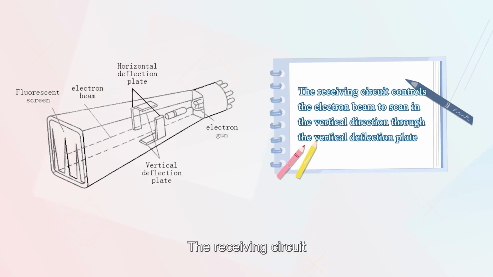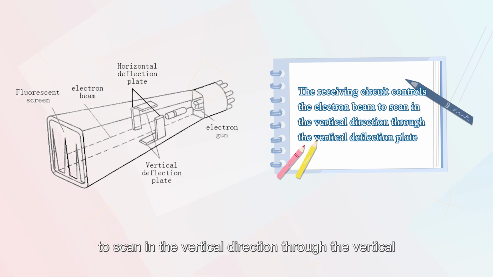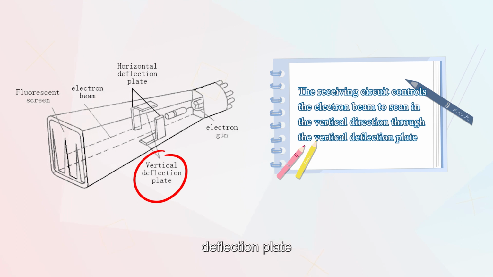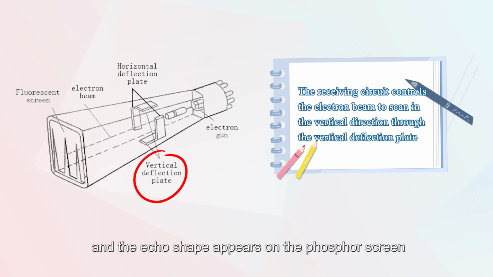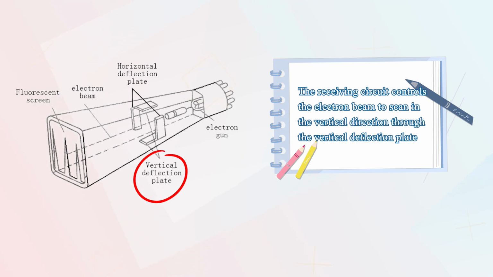The receiving circuit controls the electron beam to scan in the vertical direction through the vertical deflection plate, and the echo shape appears on the phosphor screen.